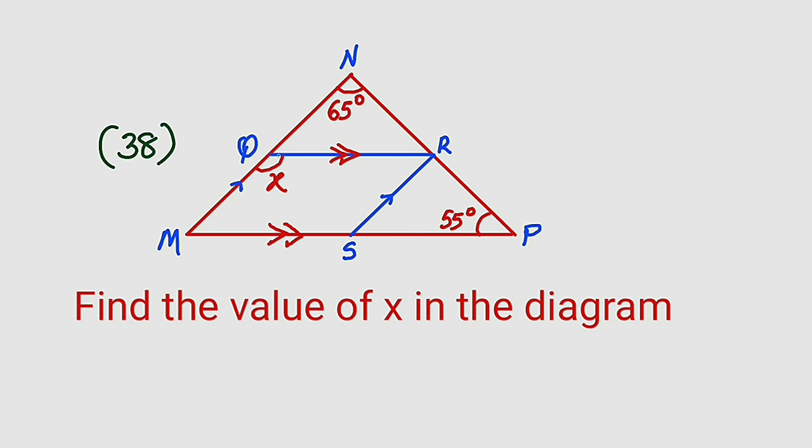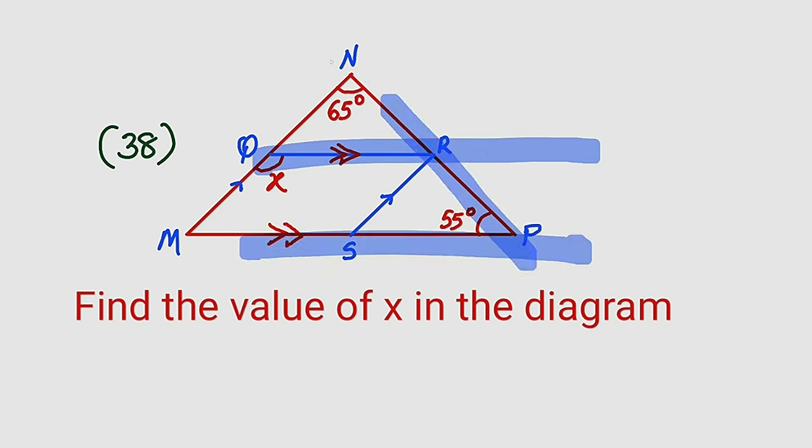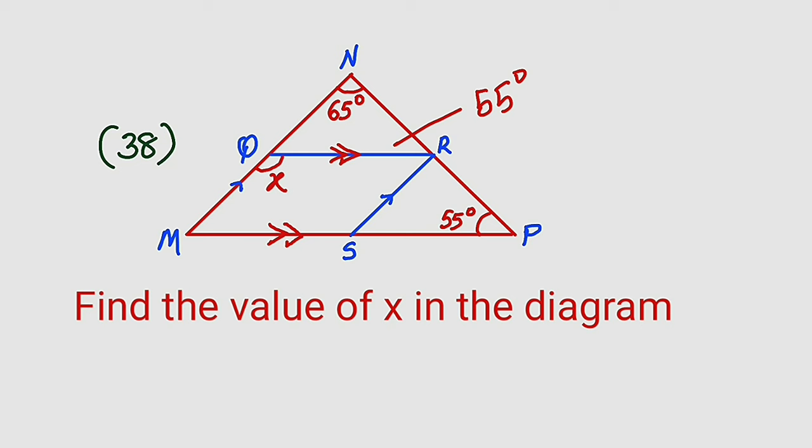What can you remember? If this line is parallel to this one and we have a transversal line, it implies that this angle and this angle are corresponding angles, and corresponding angles are equal. So we can mark this one as 55 degrees. So if this is 55, you should know that this is a triangle, and this x is an exterior angle of this triangle, and it's stated that the exterior angle of a triangle is equal to the sum of the 2 interior opposite angles.